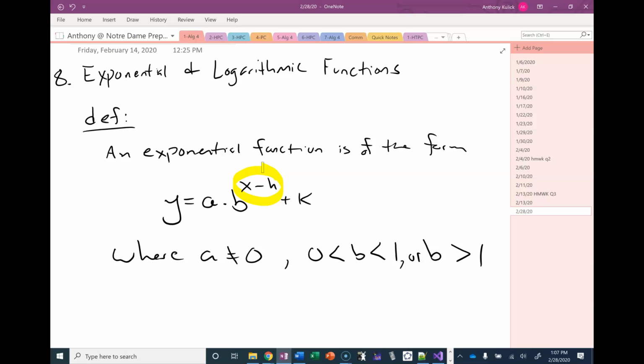Also, we are saying that b can't be equal to 1. Why can't b be equal to 1? What would happen if b was 1? 1 to any power is 1.